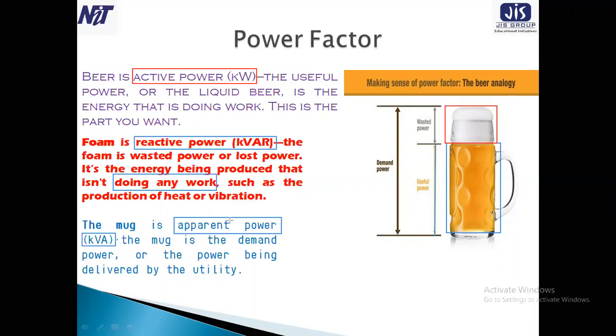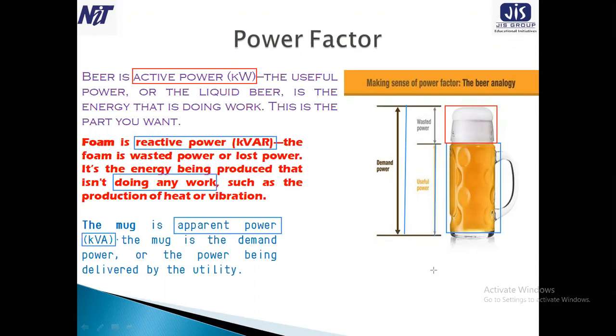Now the mug, the whole mug from the upper part to the lower part, the whole mug is apparent power. The mug is the demand power. The total demand power is the summation of the useful power and the wasted power.